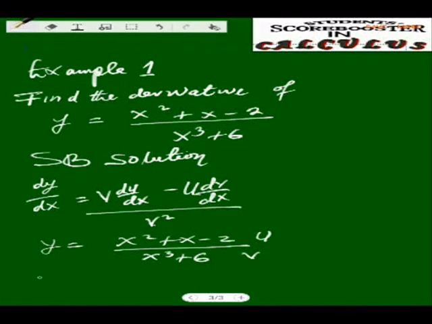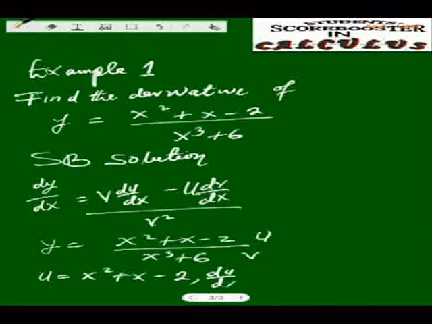So now u is equals to x squared plus x minus 2. So from u, we can find du dx. If I want to find du dx, I would differentiate this one. That is going to be 2 times 1, which is 2, then x, then I'm going to subtract 1 from this index.